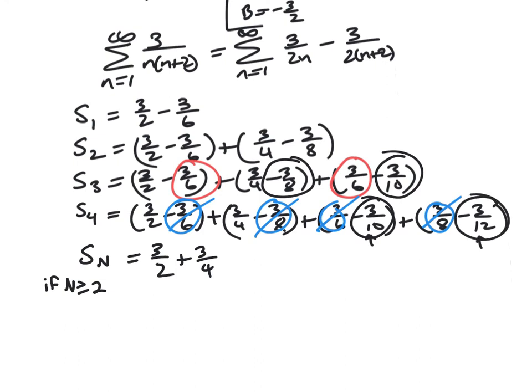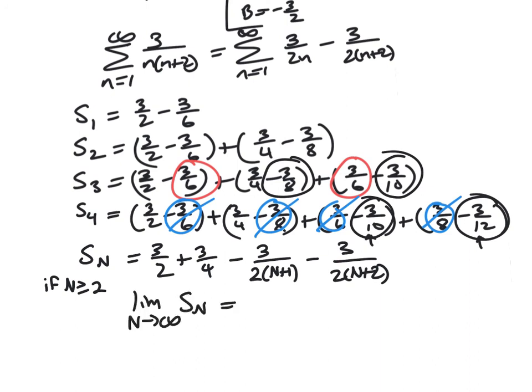And what are those in general? So we have 3 over 2 times N plus 1, right? Because we're basically plugging in capital N minus 1 to n plus 2. And so the plus 2 and the minus 1 give you a plus 1 there. And then when capital N is plugged in, we get 2 times capital N plus 2. Okay? So then what is the limit as N approaches infinity of this?